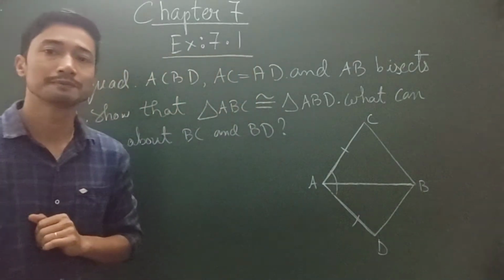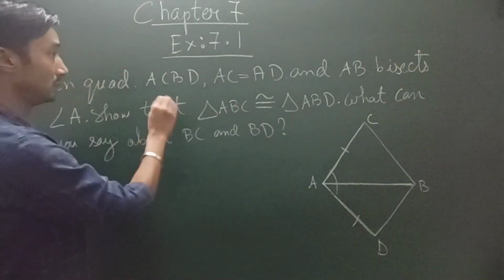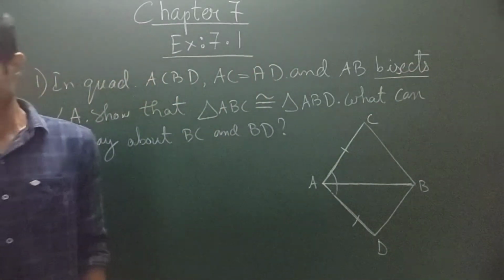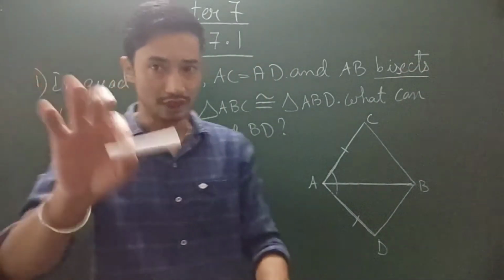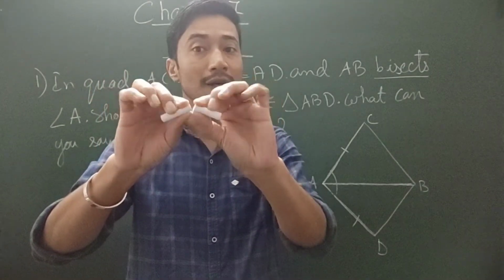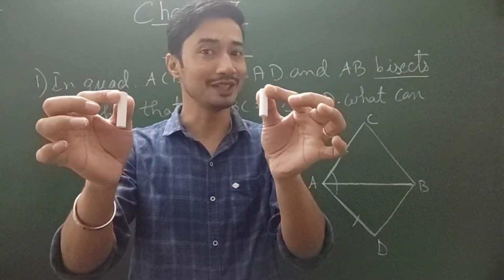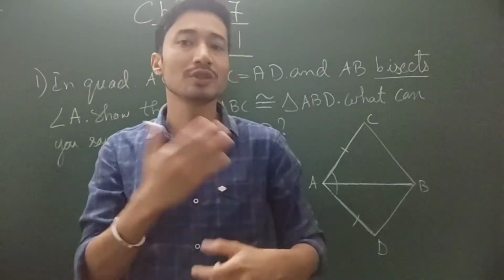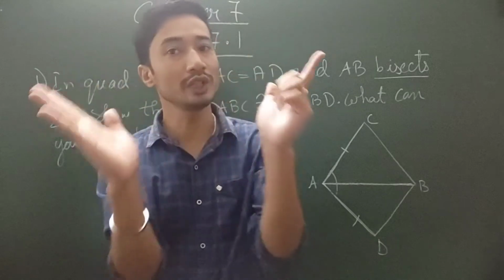Bisect means what? Bisect means this one, middle. Equal pieces. Bisect means cutting into equal pieces. So when you talk of an angle, it will be into 2 equal parts.